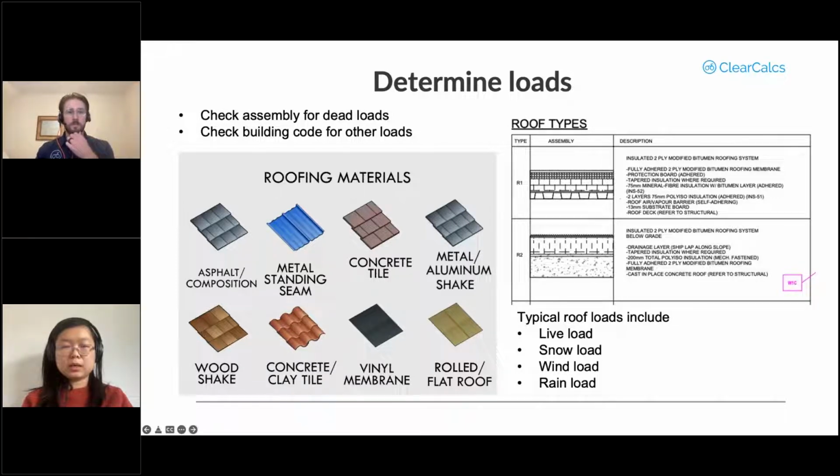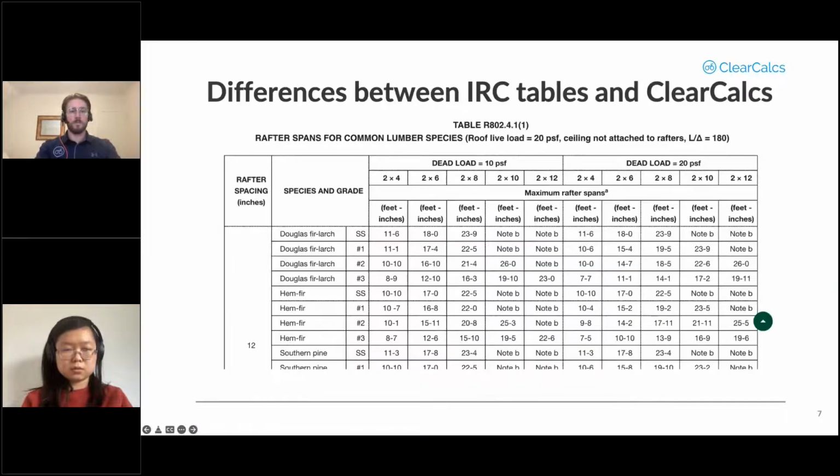And then in the next slide, we'll talk about slight differences between IRC tables and ClearCalcs. So I'm sure you guys are familiar with this table of rafter spans for common lumber species.